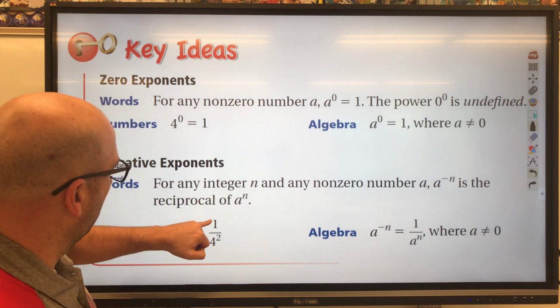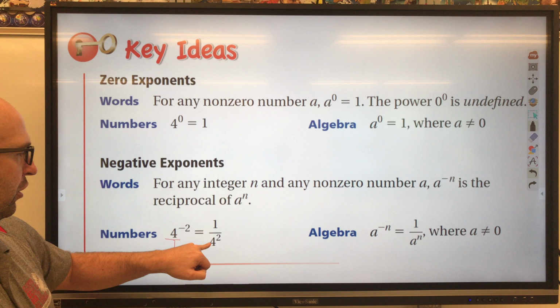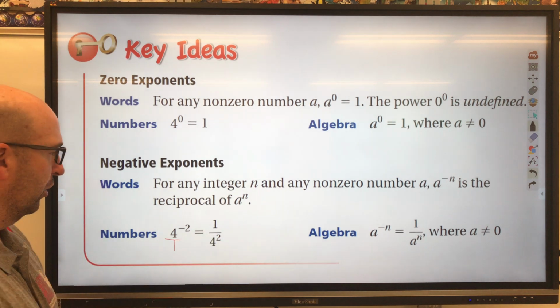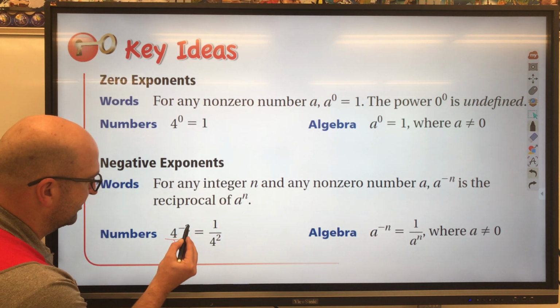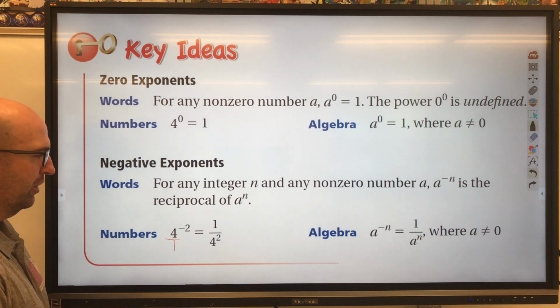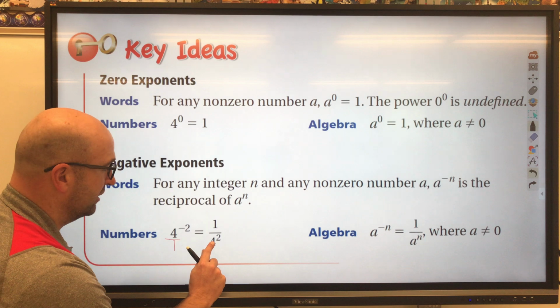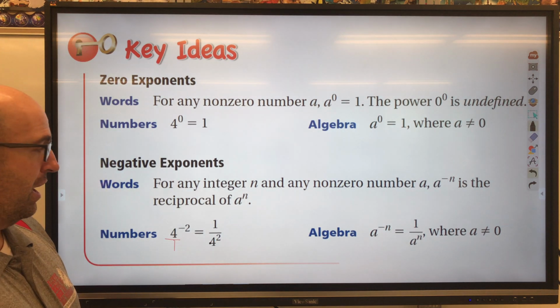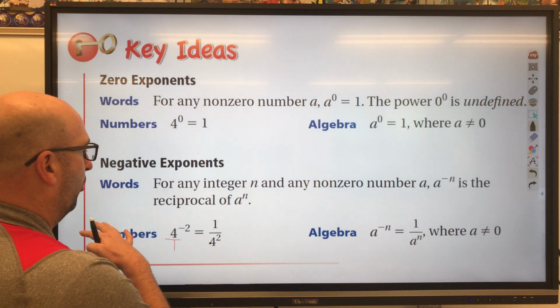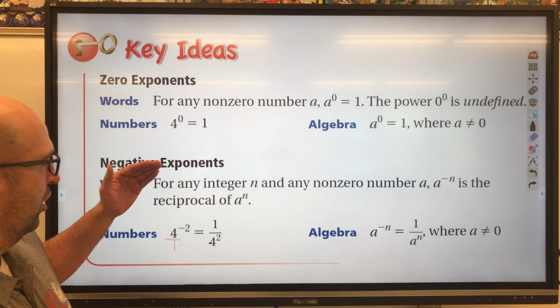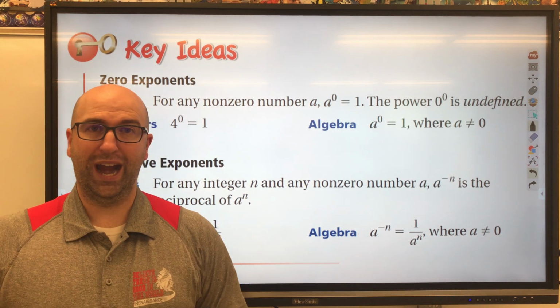That makes this 1 over 4 to the second power. And notice that since it said negative second power, since we made it the reciprocal, that makes it the positive power here on the bottom. So right now we've written it as 1 over 4 squared.